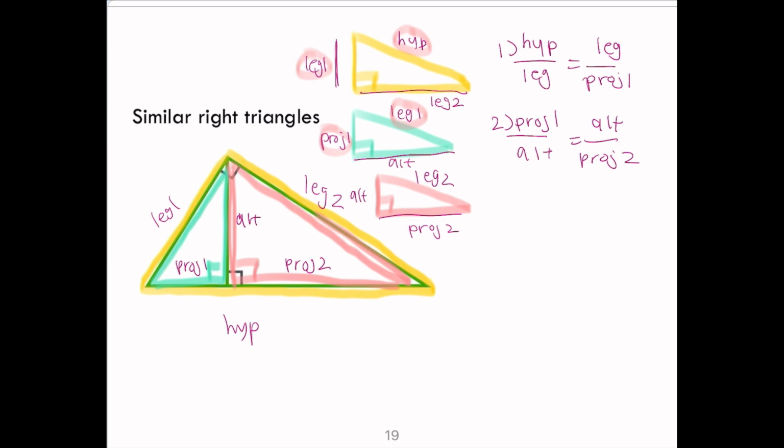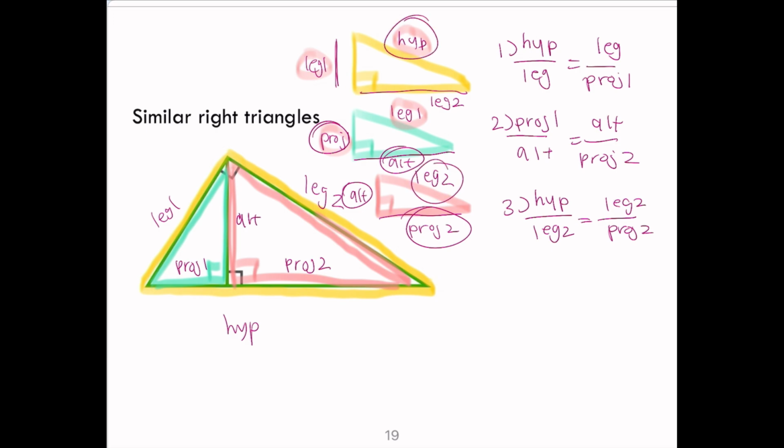So this proportion is comparing projection 1 to altitude and altitude to projection 2. And number 3 is hypotenuse over leg 2 is equal to leg 2 over projection 2. So this last proportion is comparing the yellow and the pink triangles, saying that the hypotenuse corresponds with leg 2 and leg 2 corresponds with projection 2.